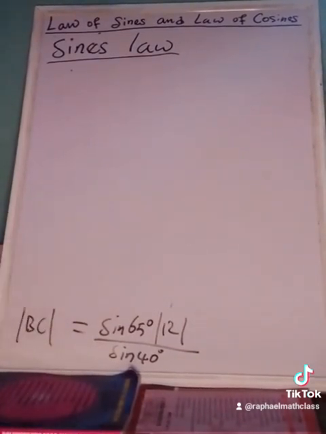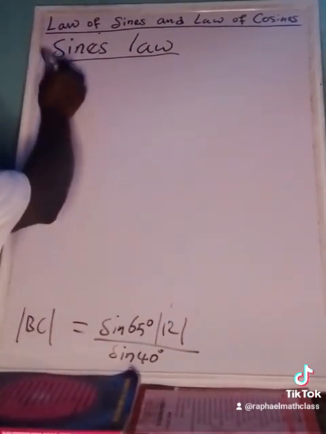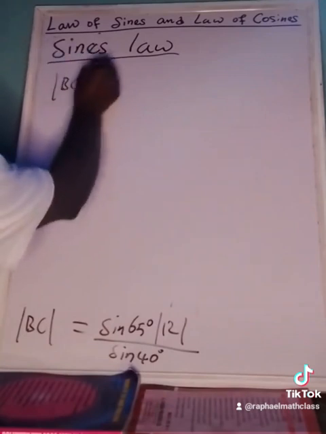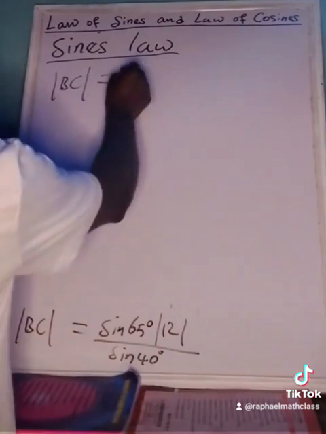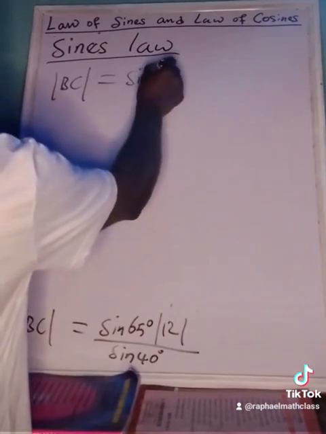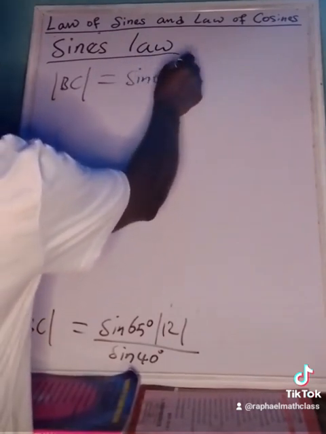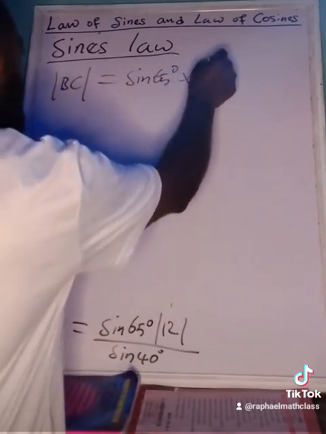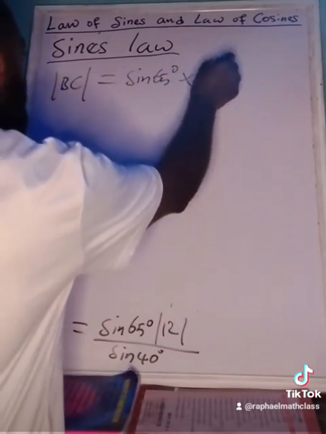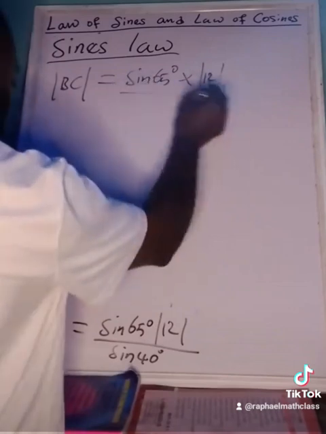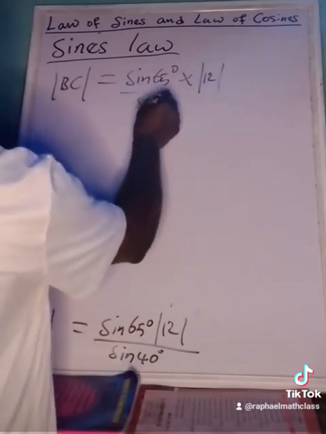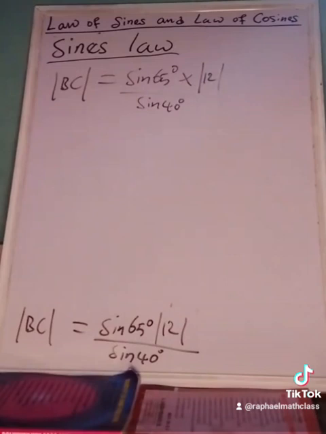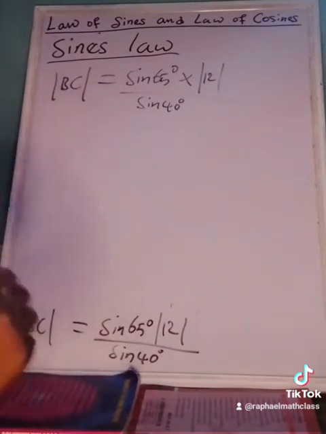So our side BC will now be equal to sine 65 degree multiplied by 12. Remember, this is side 12. This is side 12 divided by sine 40 degree. Remember that sine 65 is a known value. Also, sine 40 is a known value.